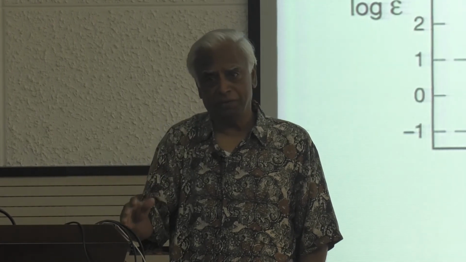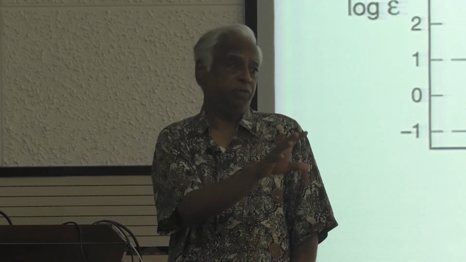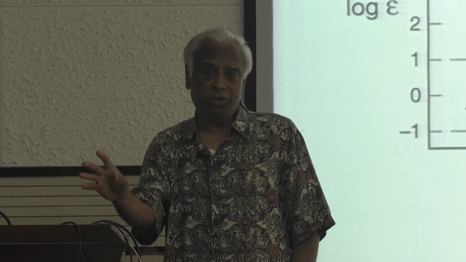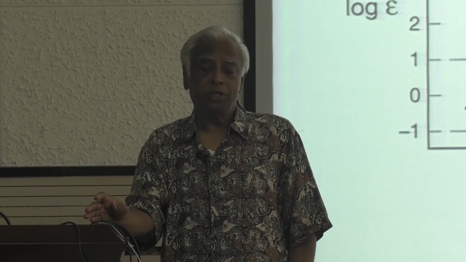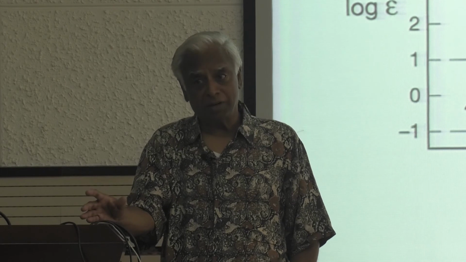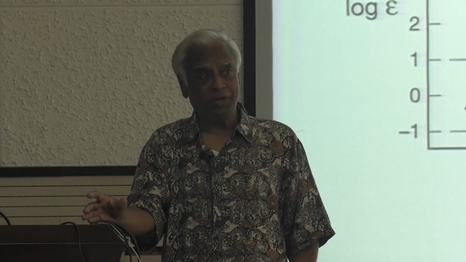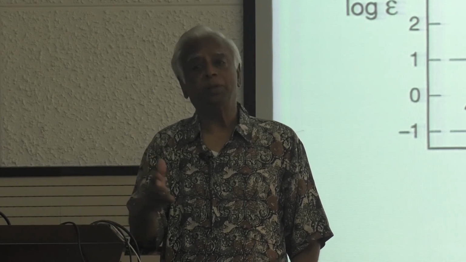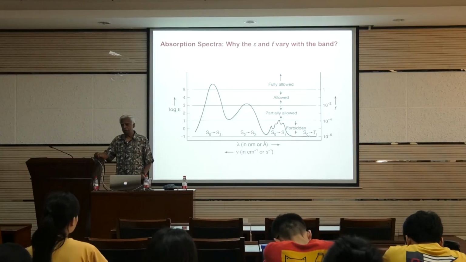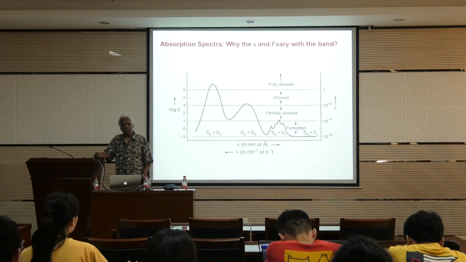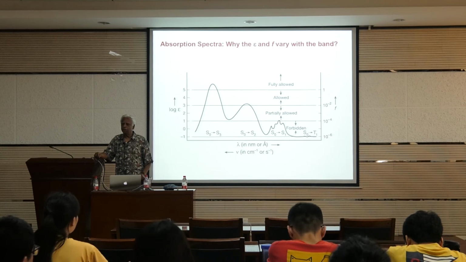That is the main criterion. Whether it requires 50 kilocalories or 100 kilocalories, just because it requires 100, that doesn't mean it is going to be weaker. Whether 50 is going to be strong or weak will depend upon what type of transitions we are talking about. Okay? Any questions? No questions.